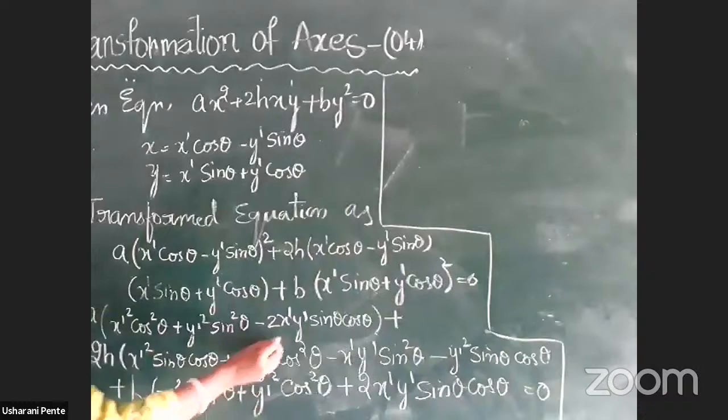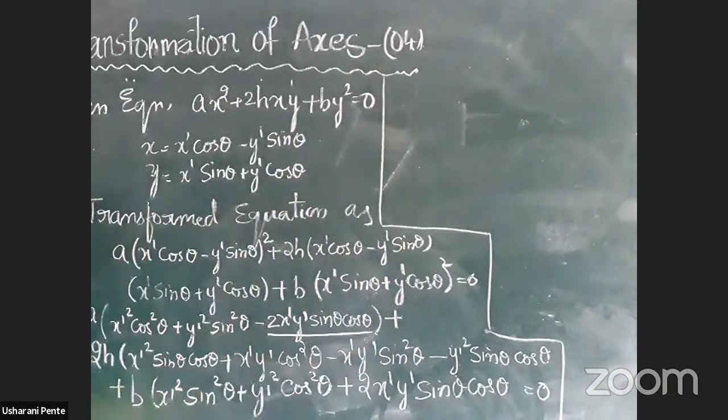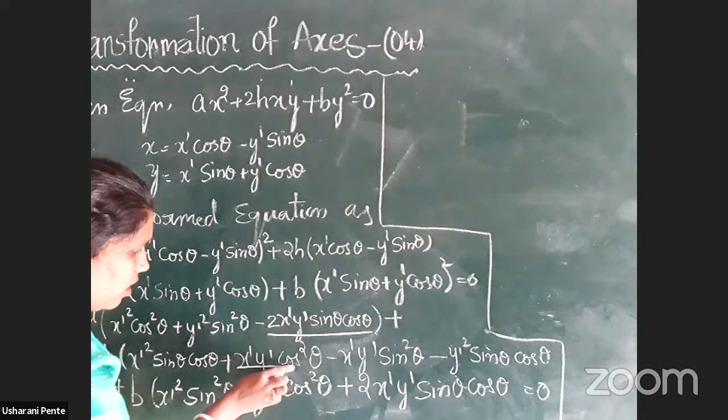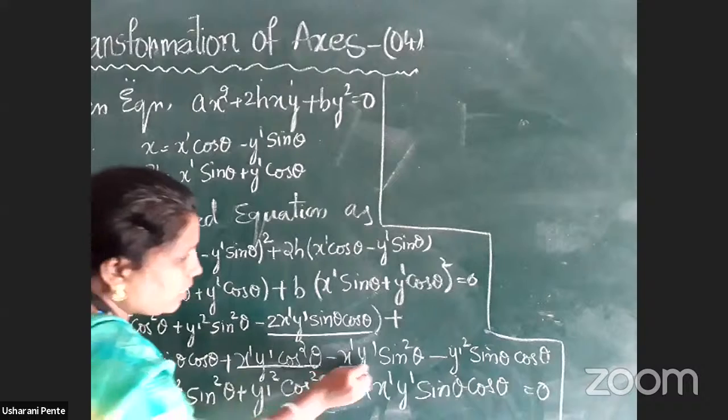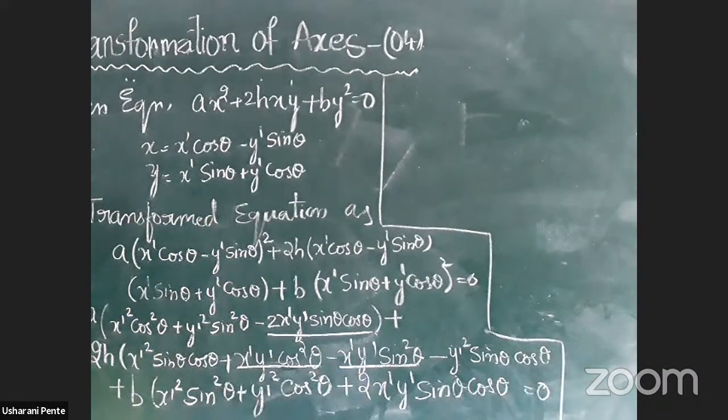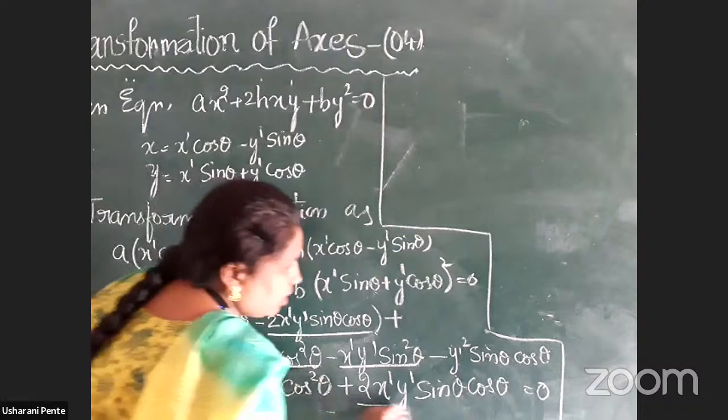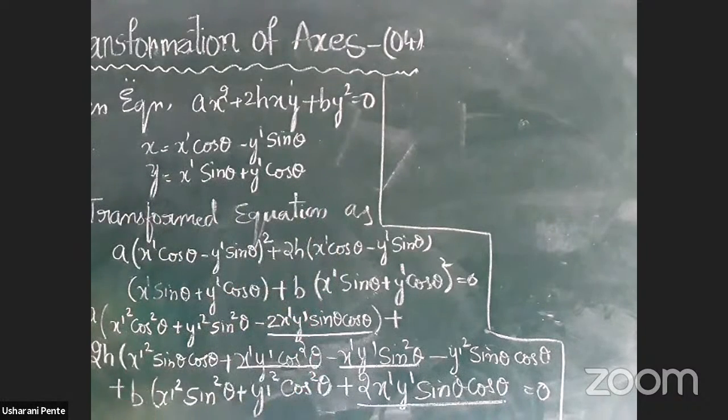In this equation we have xy terms, and we will have xy terms in this one. In this one we have x dash y dash, and the other one is this one. Here we have the x dash and y dash terms.